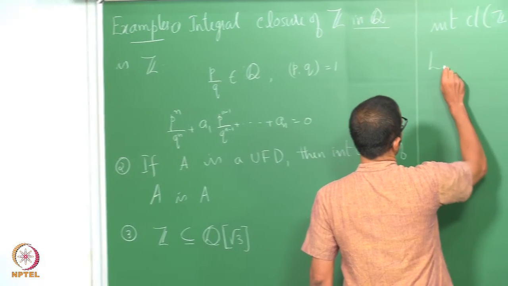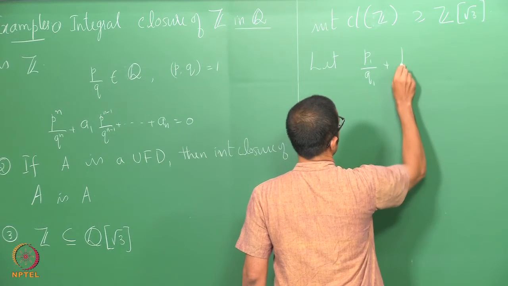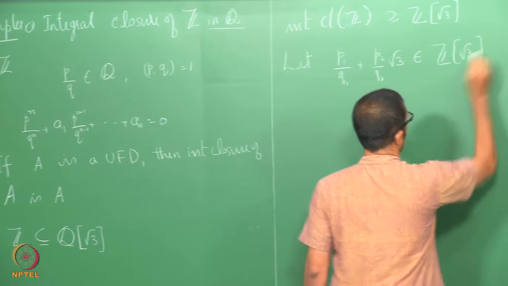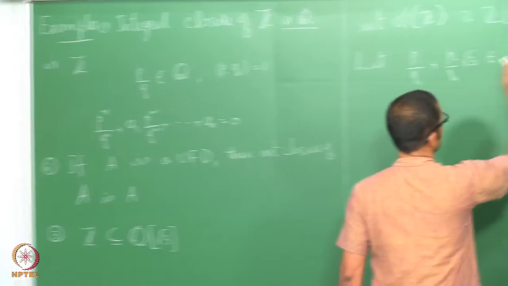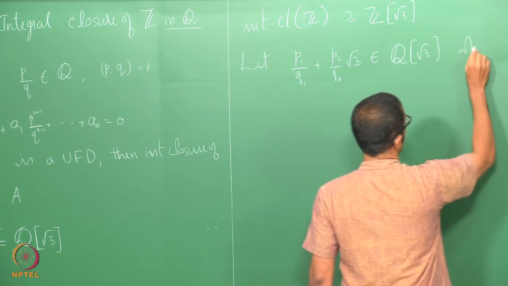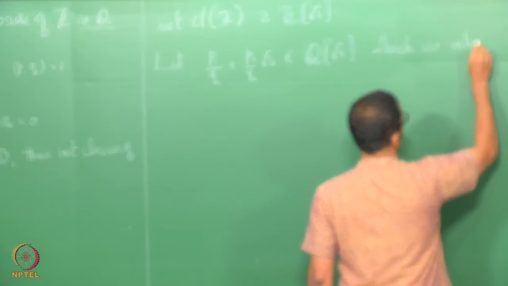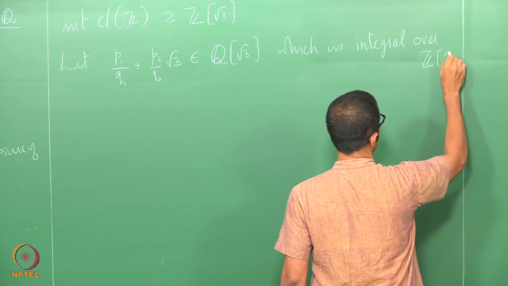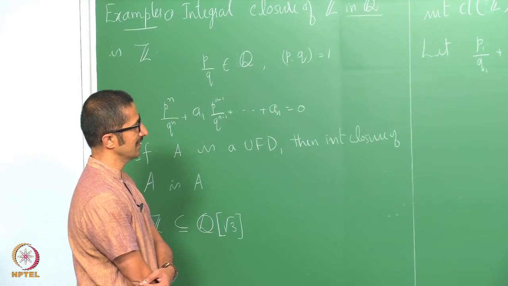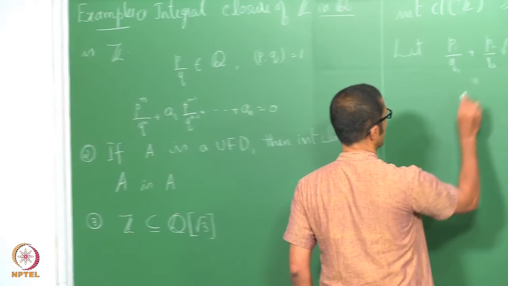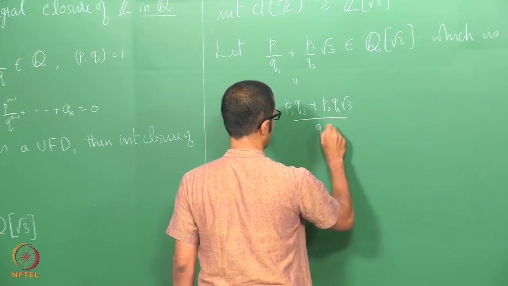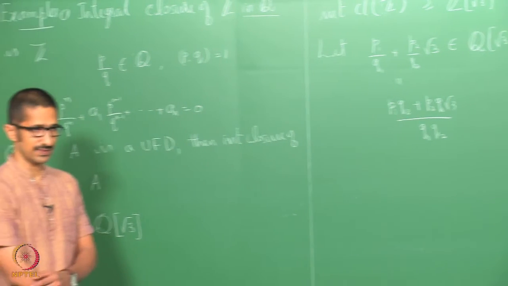So, let us write, let P1 by Q1 plus P2 by Q2 root 3 belong to Q root 3, which is integral over Z. Can we say that this is, so I can write this element as P1 Q2 plus P2 Q1 root 3 divided by Q1 Q2, right.